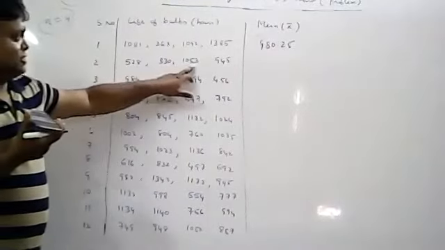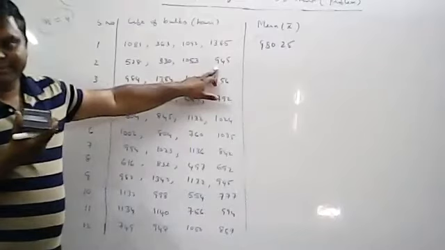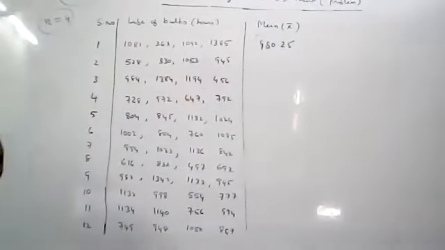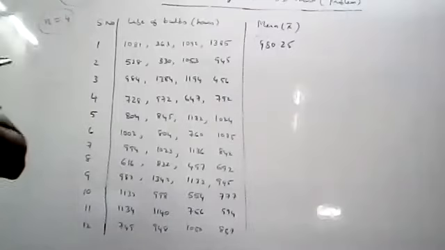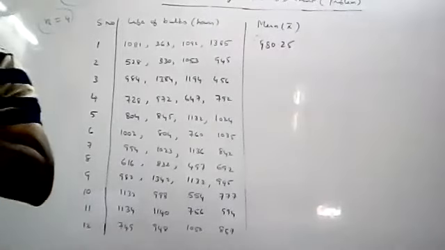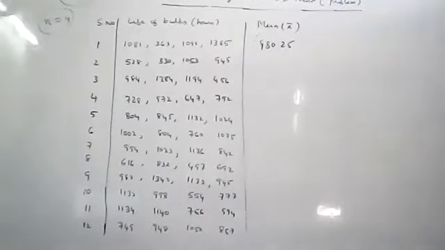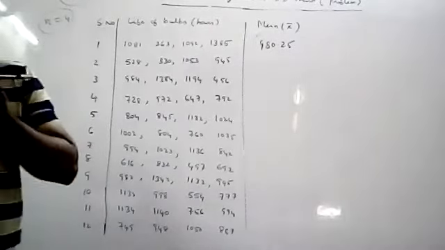528 plus 330 plus 1053 plus 945. You can add and then divide by 4. What is the total you got? 714 is given in the textbook.